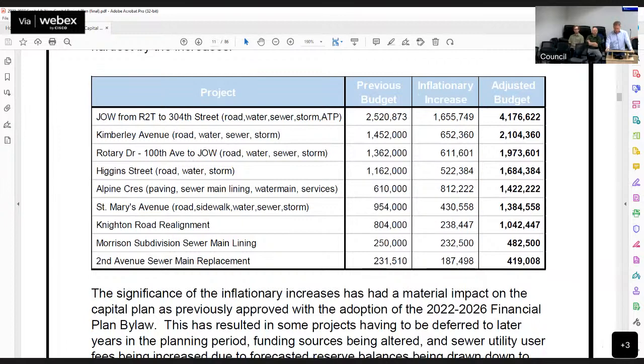Councilor McBain. Yeah, just curious, I appreciate a lot of these things would be based on unit cost, but given that a lot of the work is similar, maybe it would be helpful to elaborate a little bit more on what looked like the outliers on a percentage basis, like the Alpine Crescent one.